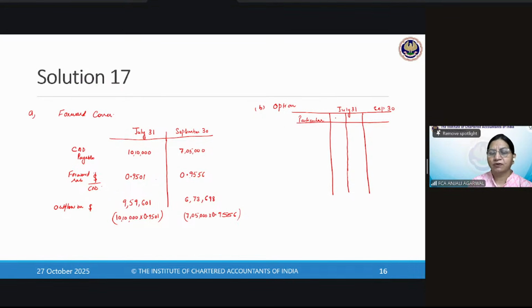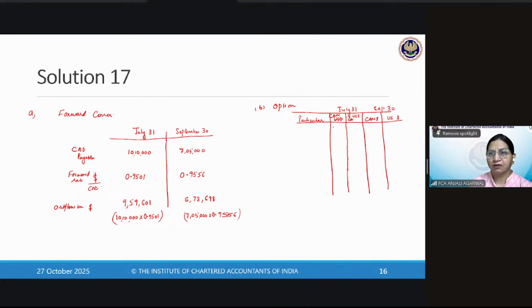Let's say one is for Canadian dollars and one is for US dollars. Similarly, for 30th September, how much Canadian dollars you have to pay and how much US dollars is the outflow for that.